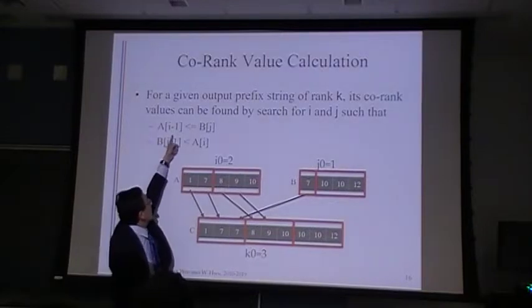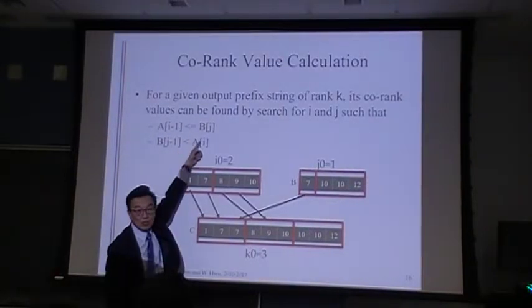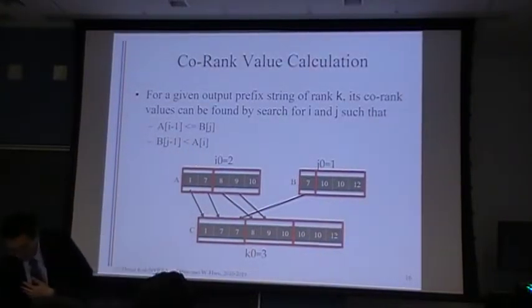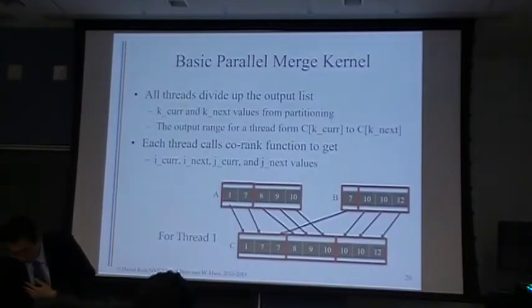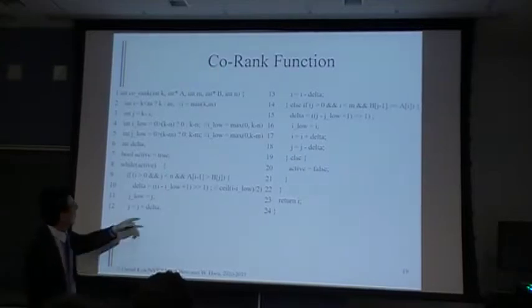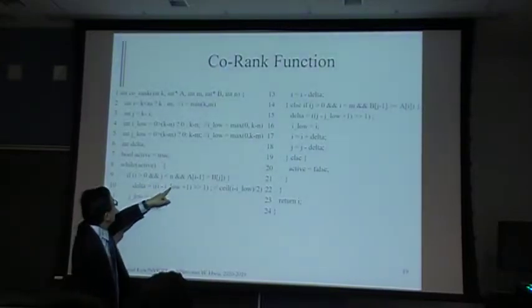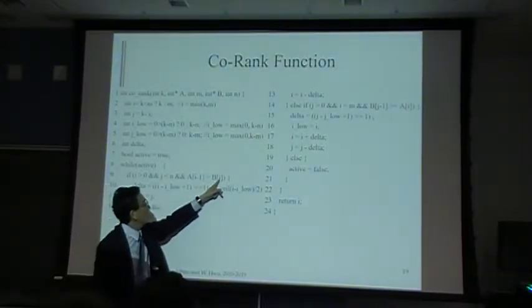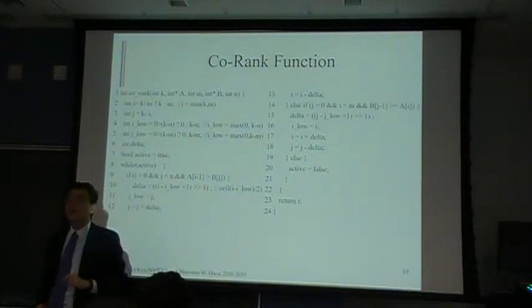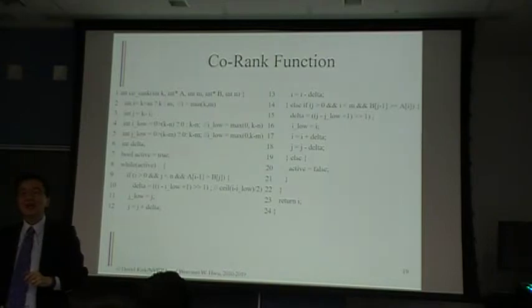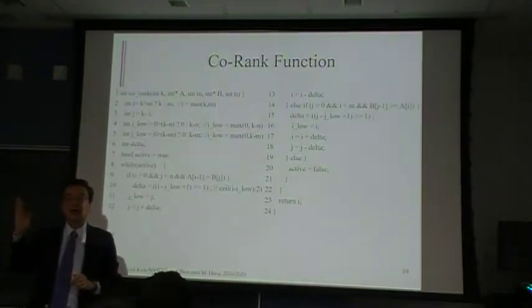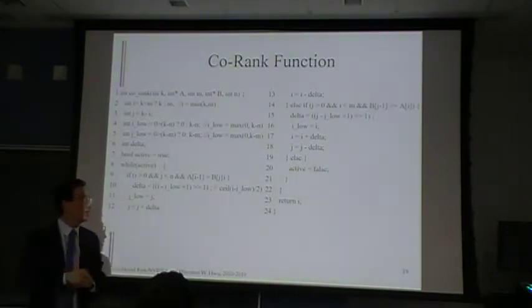In the end, I minus 1 should be less than or equal to b j. So if for the current I and j value, I minus 1 is actually greater than b j, what does that mean? I is too high, right? I is being set too high. I needs to come down, okay?